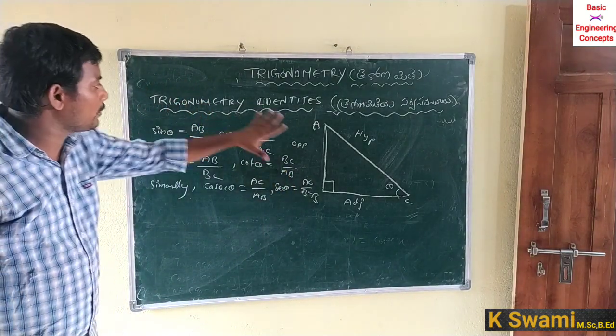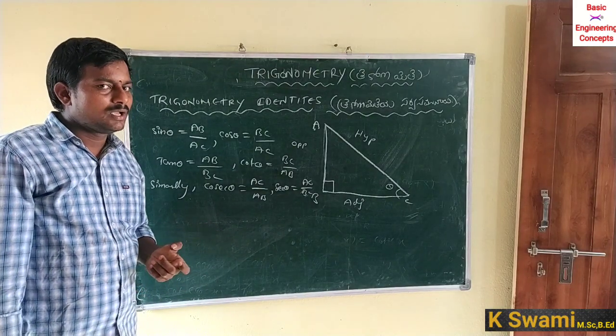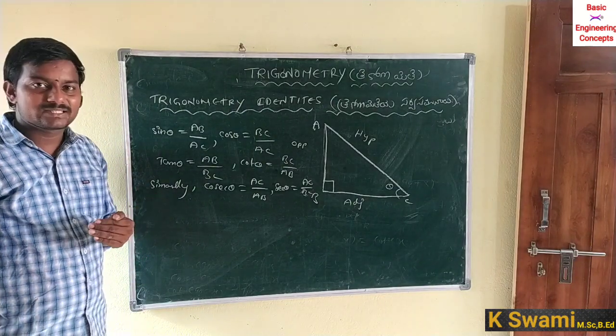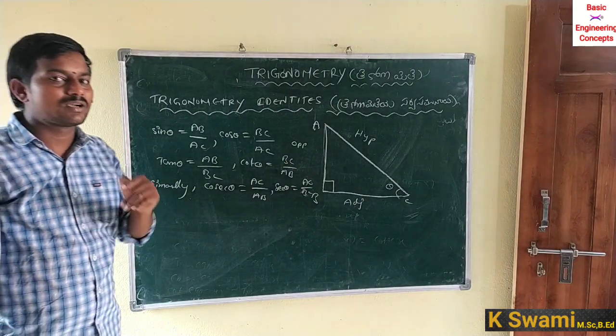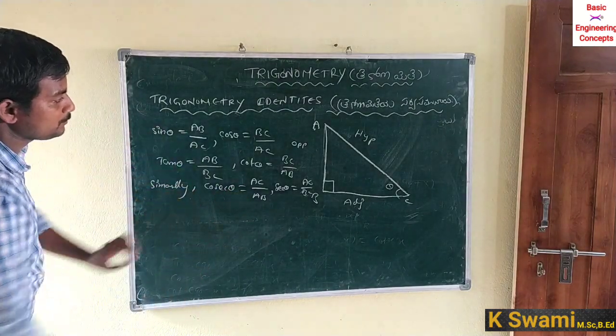So the trigonometric identities are: sin square theta plus cos square theta is equal to 1, and secant square theta minus tan square theta is equal to 1, and cosecant square theta minus cot square theta is equal to 1. How to get them?